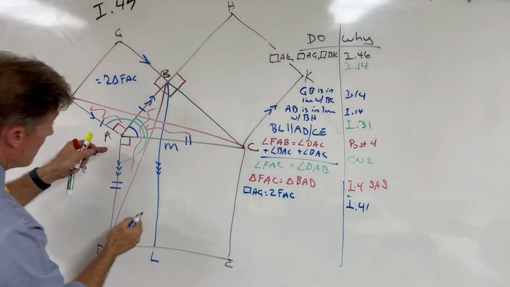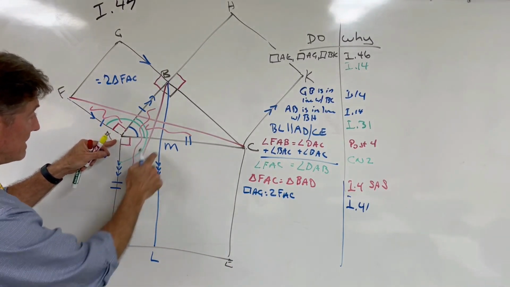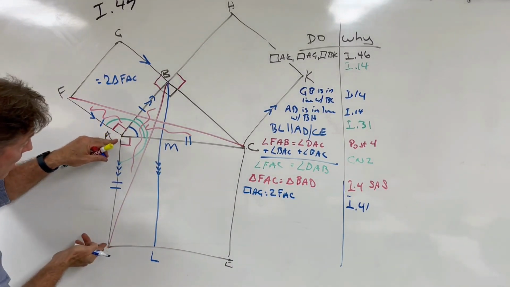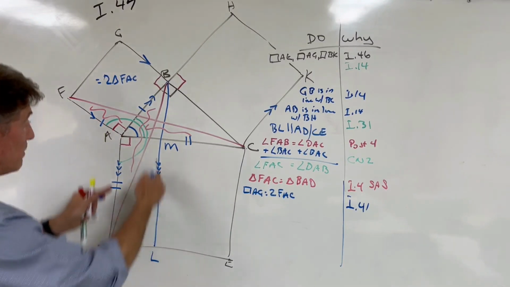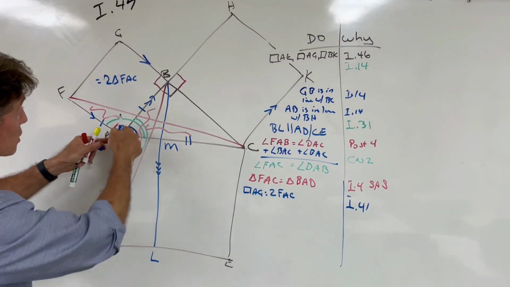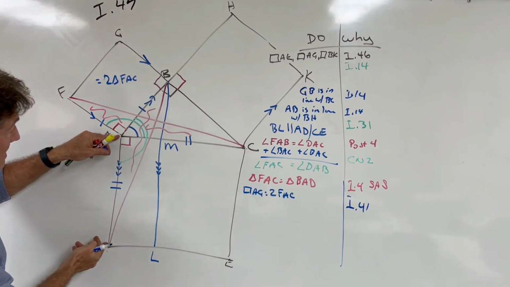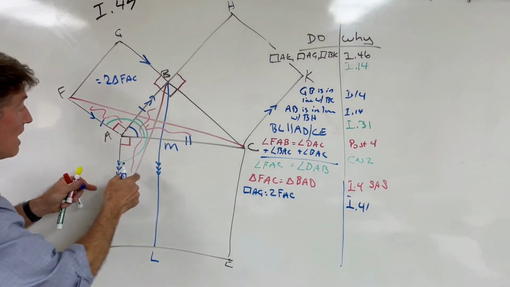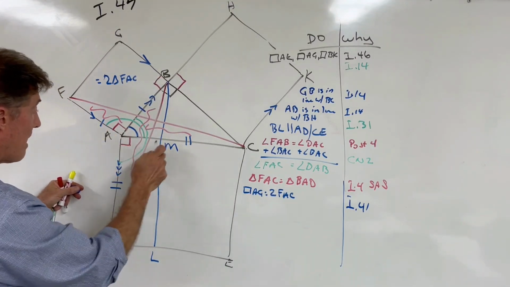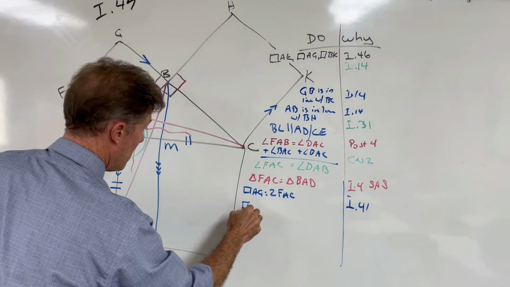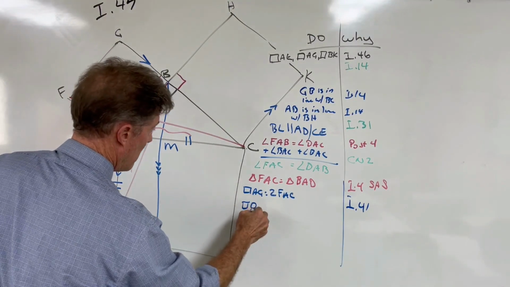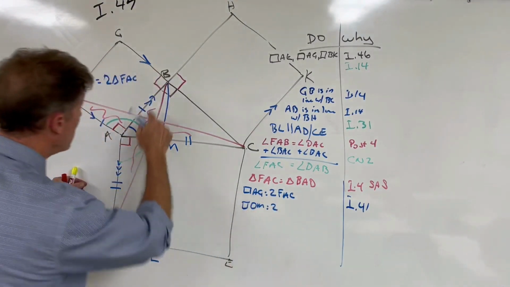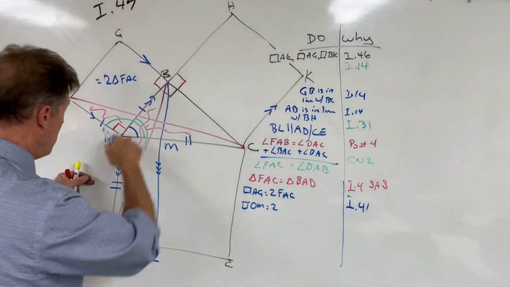Likewise, we can look at this parallelogram DM, and see that it's on this base and contained within these parallels, but this triangle is on this base and contained within those same parallels. Therefore, parallelogram DM is equal to double this triangle, triangle BAD.